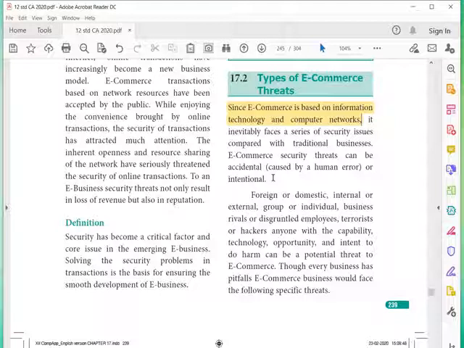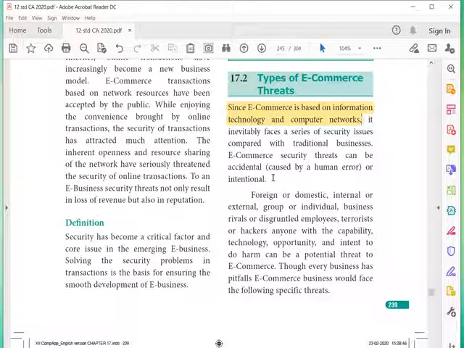If we are communicating a fund transfer or tender information from one company to another company, it must be very confidential, or else many people will break the transaction. That means they will take the data from one company and misuse it. So all these threats should be avoided.